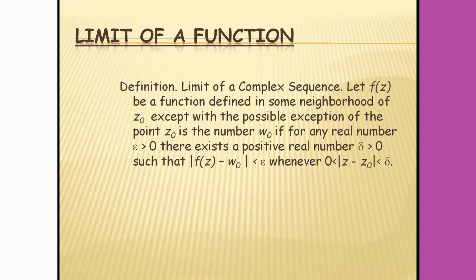The limit of a function f of z is nothing but the limit as z tends to a finite number, say 0 or a, then the function value f of z tends towards a number, and that number is called the limit of the function. That is one way you can define it, as in the set of real numbers.